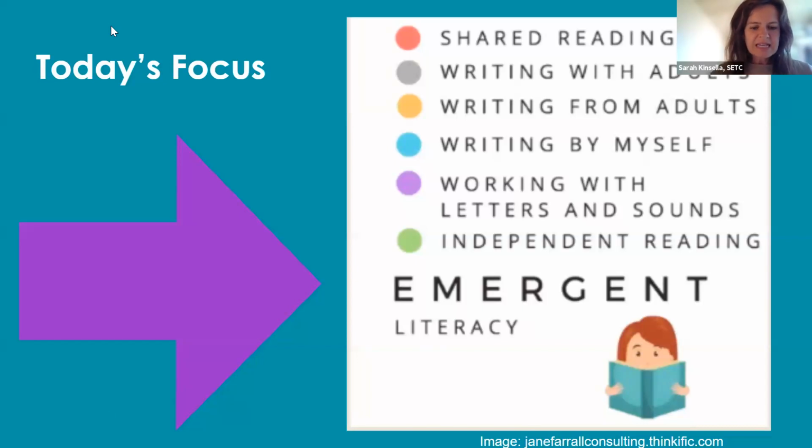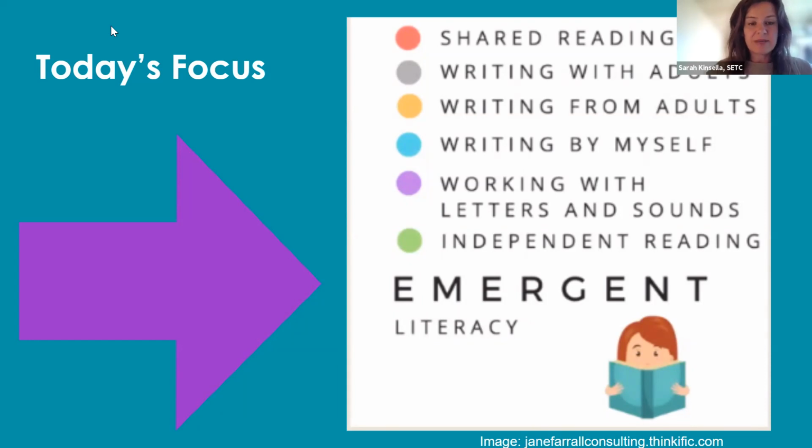And in the Comprehensive Literacy for All book from Erickson and Copenhagen, they talk about how emergent literacy is not dependent on your age. You can be an emergent reader or writer at any age. It's your experience.